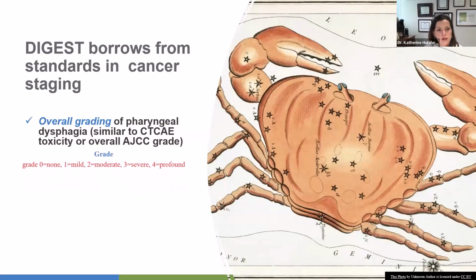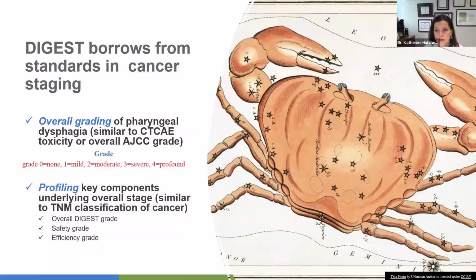For Digest, that's grade 1, grade 2, grade 3. But we also, for Digest, get the profile. And this is the key components that underlie that overall stage. So for Digest, that would be, for instance, S2E0 or S1E2.